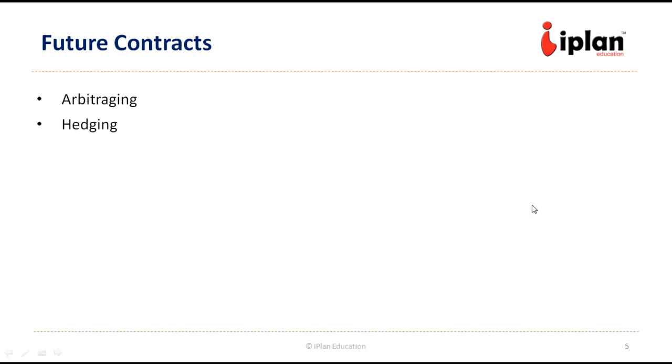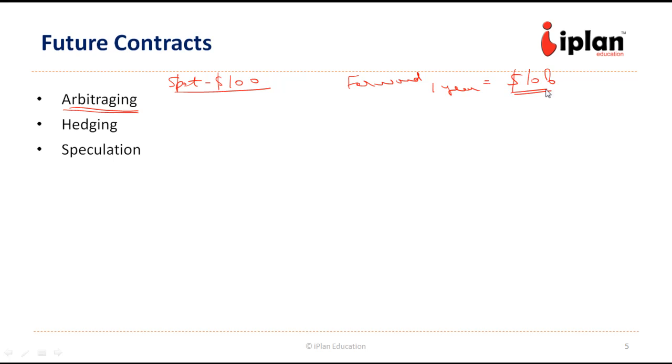So futures contracts could be used for arbitraging, for hedging, or for speculation. So let us understand. Arbitraging is a phenomenon where a trader would like to take advantage of mispricing between two assets. In the case of a futures contract, suppose the spot price is $100, the forward price say 1 year from now is say $108, and the interest rate at which the traders can borrow is say 7%.